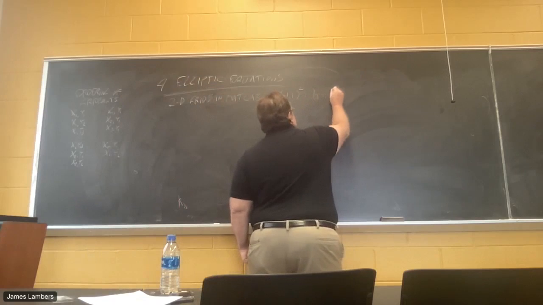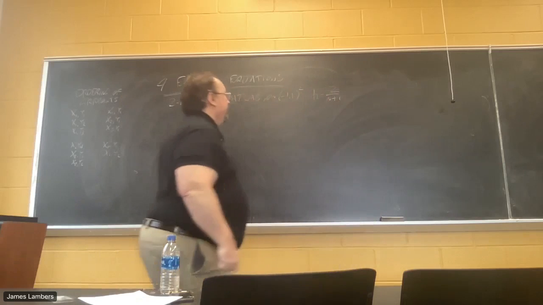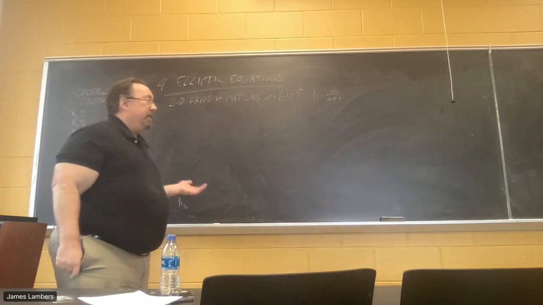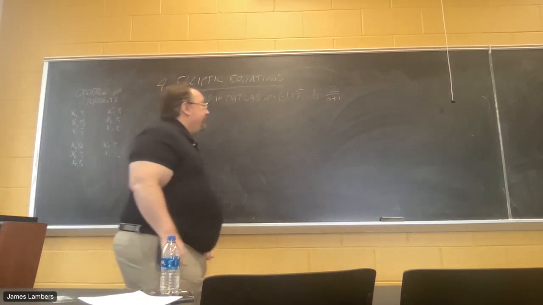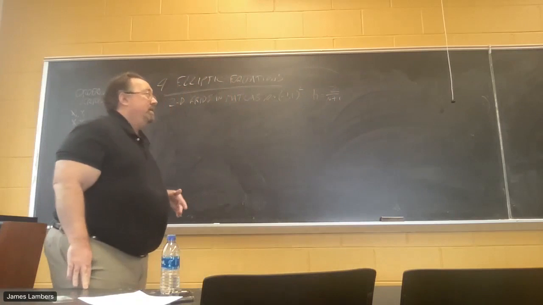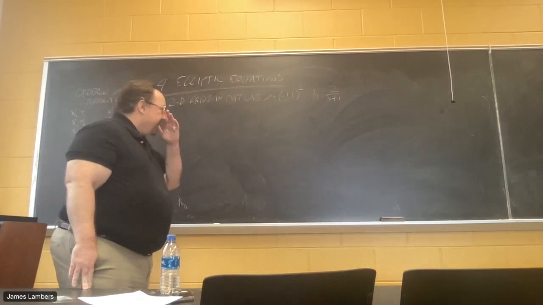So I let H be 2 over n plus 1, because the width of your domain in X or Y is 2, going from -1 to 1. And we want n grid points in the interior for each dimension.